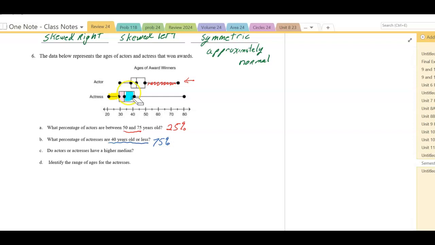For part C, we're asking which has a higher median. So the median for actors is a little bit bigger than 40, I highlighted in yellow. The median for the actresses is bigger than 30, but less than 35, so maybe 33. So the actors have a higher median.